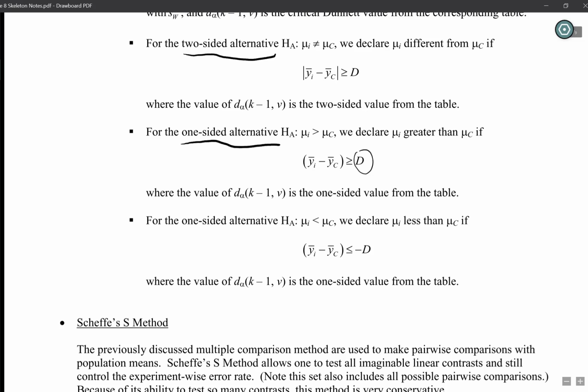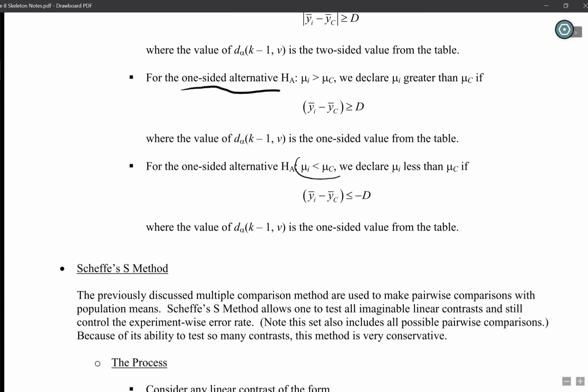Now let me back up. If you were to use a table, these D values would be different. You'd have to reference a two-sided table or a one-sided table. But again, we're going to let JMP do that sort of thing for us. We could also have a left-sided alternative that would be as specified.